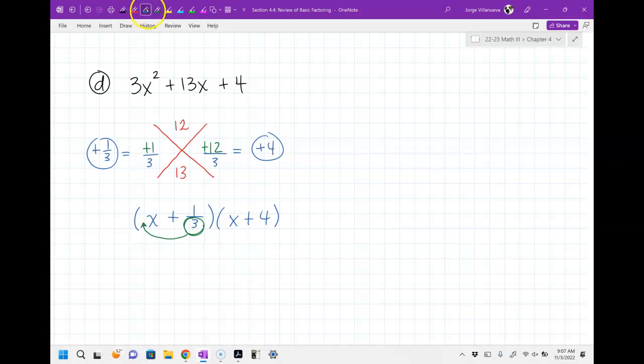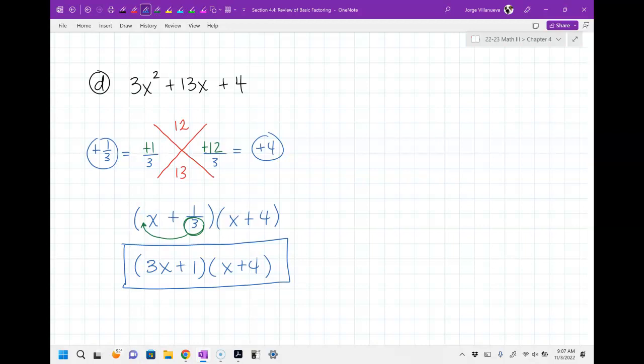So it's going to look like this: 3x plus 1, x plus 4. And there you go. So if you have a fraction, you're going to get that denominator and throw it to the front.